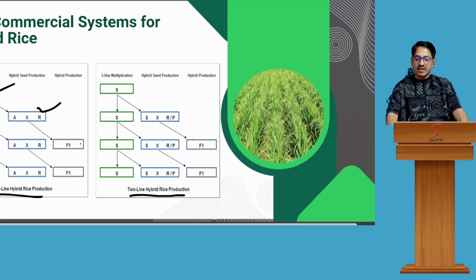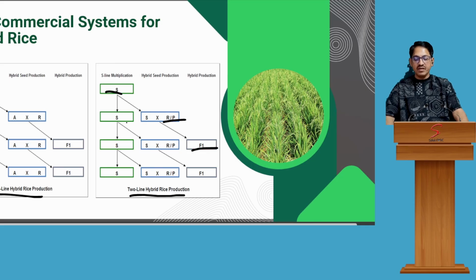But in case of GMS, here only two lines are required. One is sterile, another one is fertile. By making a cross between sterile into fertile, you can produce the F1.